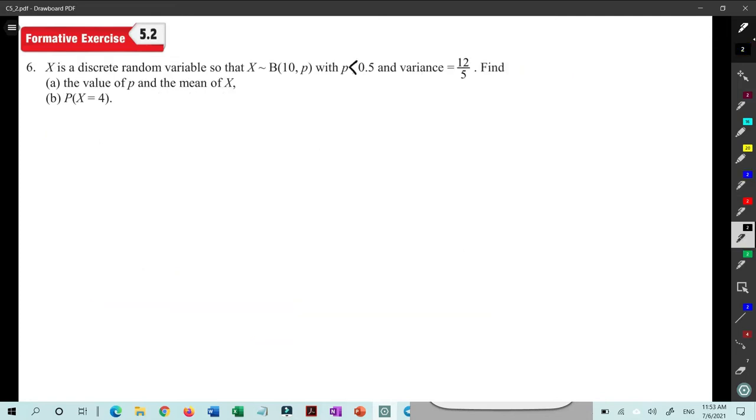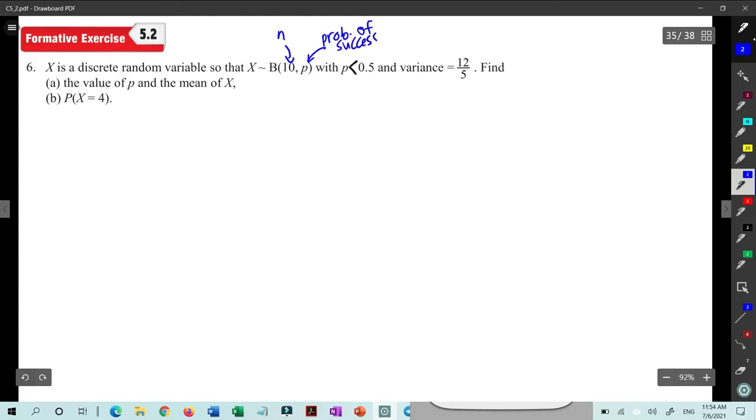Okay, X is a discrete random variable, so that X is given by B(10, p). So basically 10 is equal to the value of n, and p is the probability of success.